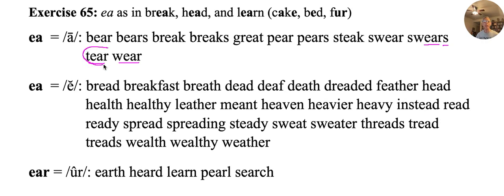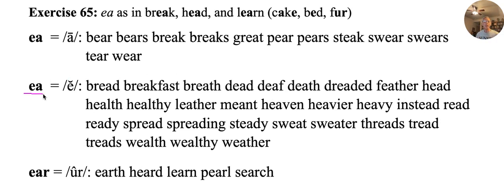And this word right here, tear, can also be tear, even with the same spelling. So there's no way to know what that word is in isolation. You have to see it in a sentence. That's why when you dictate that word for spelling, you have to use a sentence. He had a tear in his eye, or he had a tear in a paper.